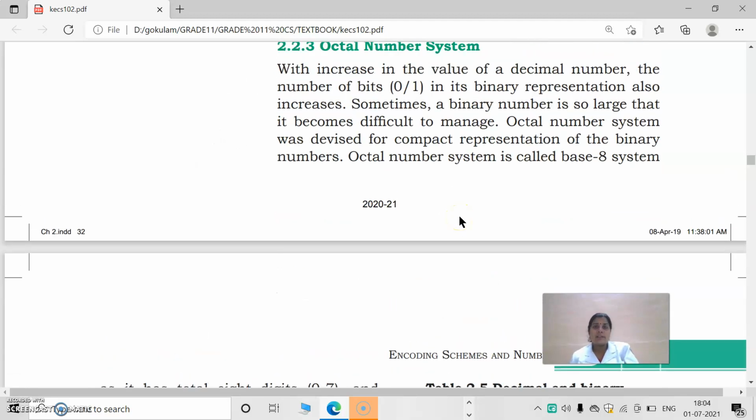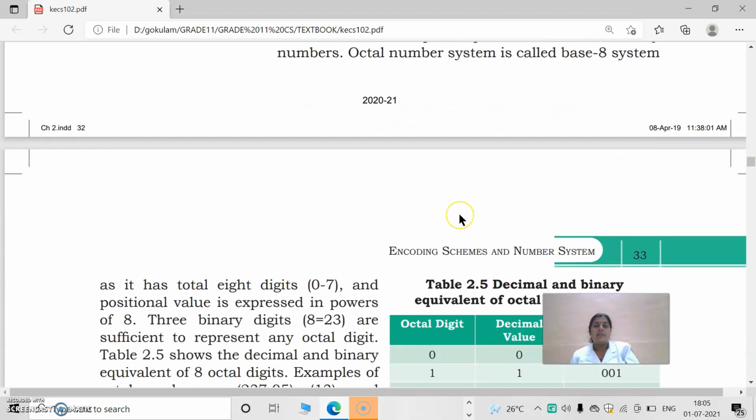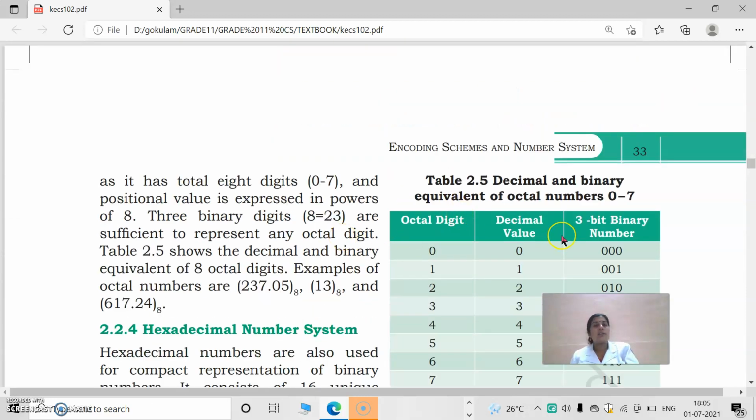But in the octal number system, the base is 8. So instead of 2 raised to 0, we will use 8 raised to 0, 8 raised to 1, 8 squared, 8 cubed and so on.